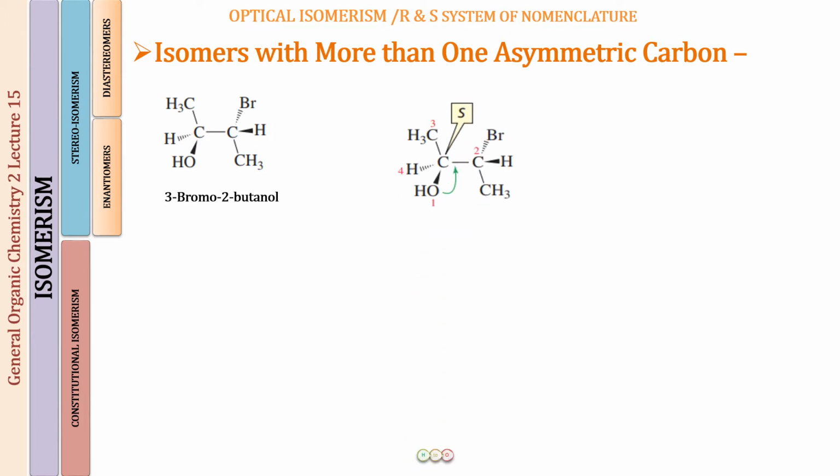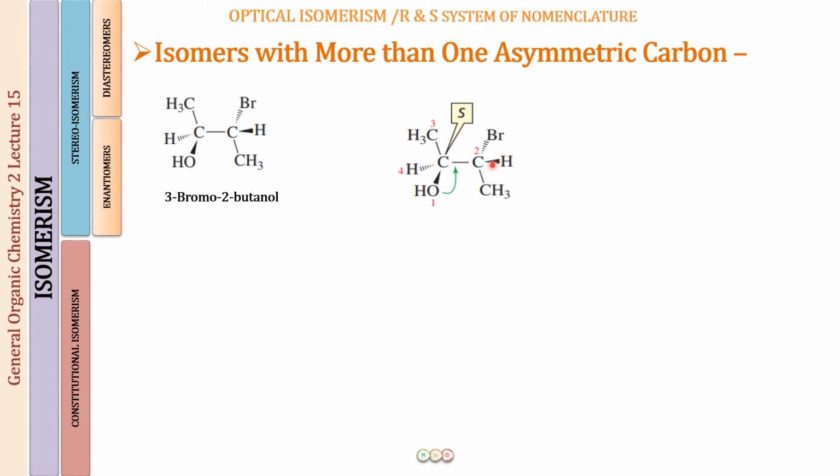So in the previous lecture, what you learned was that for a carbon, the 4 different groups, arrange them according to the priority rules that you learned in the last lecture. First of all, it is going to be the OH group, oxygen. This has the maximum atomic number. Then we have a CH3 and we have a CHBrCH3. So for this carbon and this carbon, we see that the atomic numbers are the same.